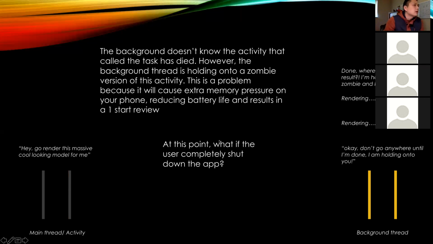So the background thread doesn't know the activity that called the task has died. However, it is holding on to a zombie version of this activity. This is a problem because it causes extra memory pressure on your phone, reduced battery life, and results in a one-star review, which you don't want.